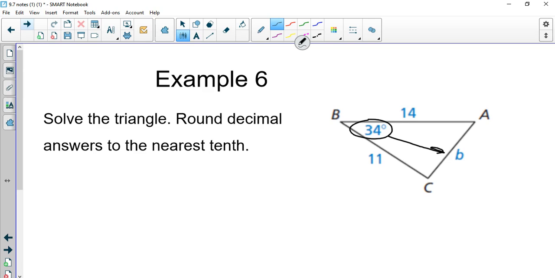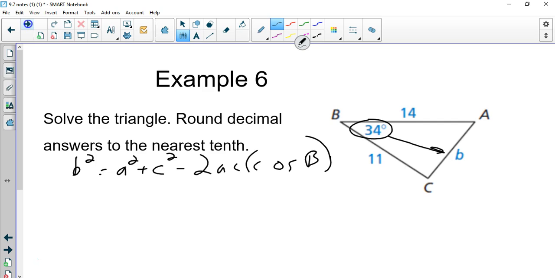You can have it with all three sides or only one angle and two sides. And that's what we're going to do here. So we're going to start by writing the formula again. B squared is equal to A squared plus C squared minus 2AC cosine of B.